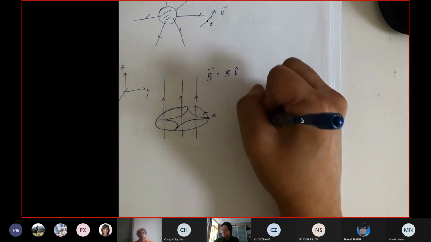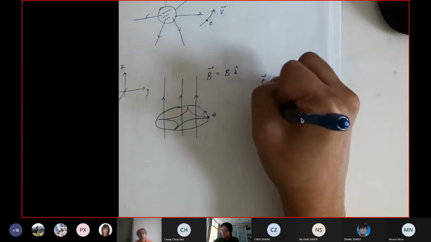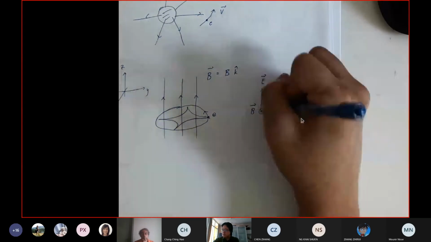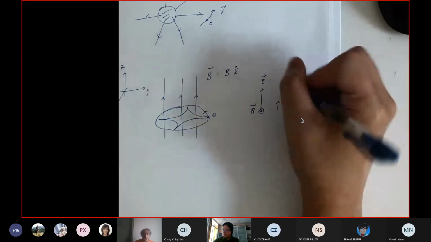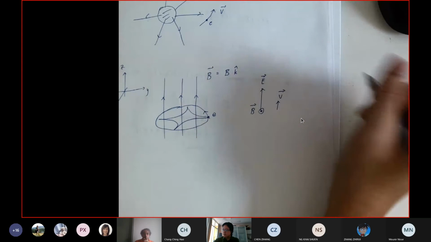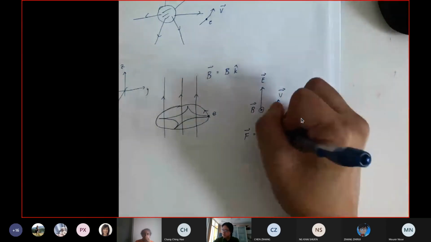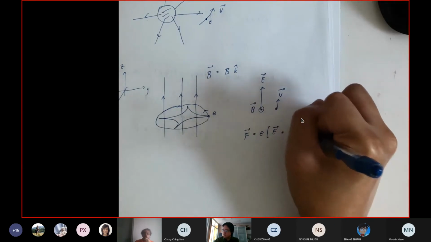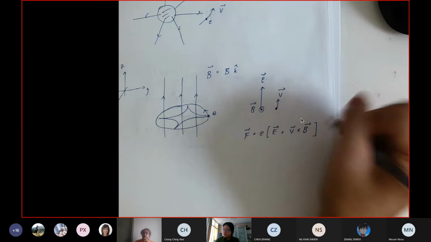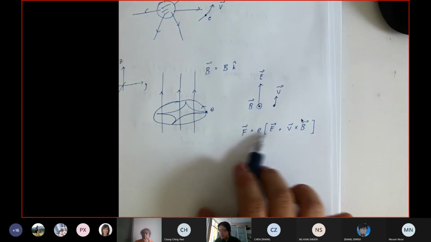So in the electromagnetism case, I have this B. If the initial velocity is slow, the force experienced by this particle is E plus v cross B. If v is initially very small, then the magnetic force is weak, so you mostly have the electric field force.